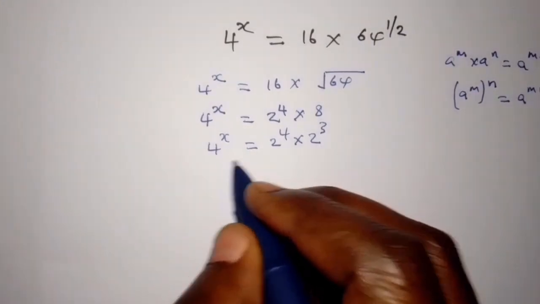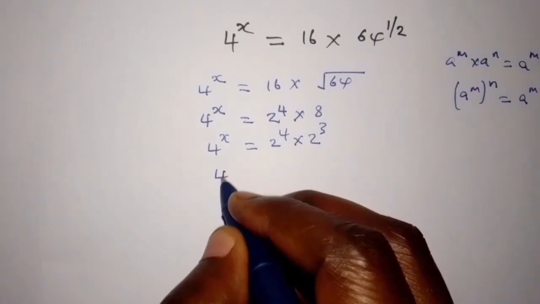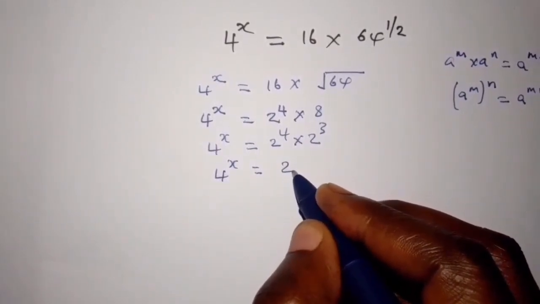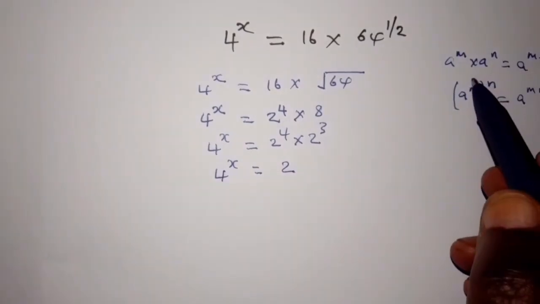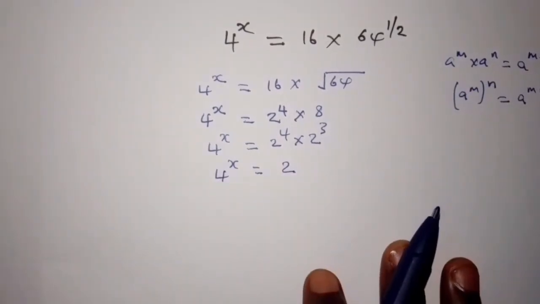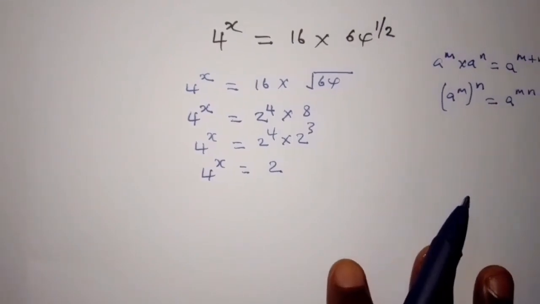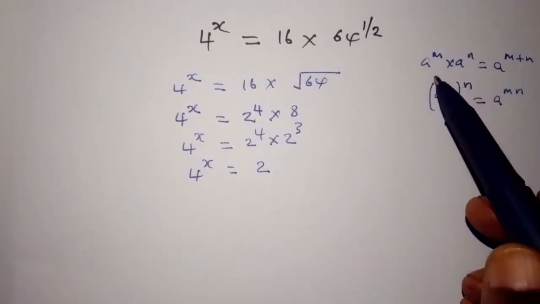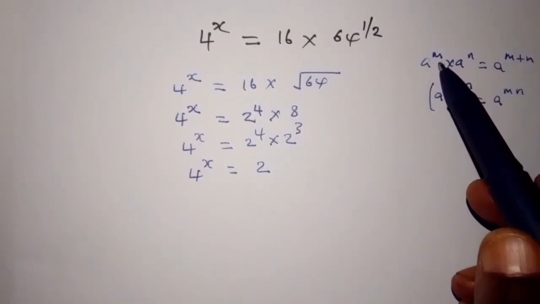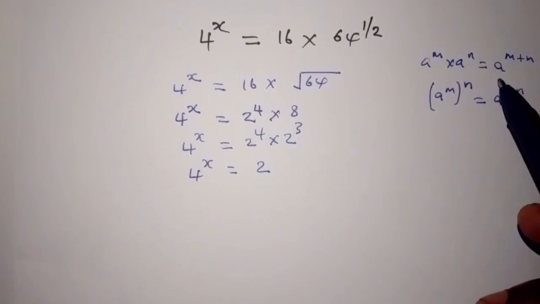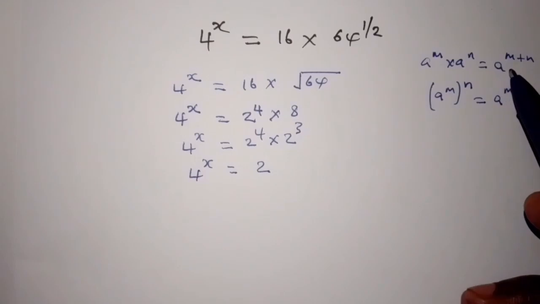Now we can use this rule here: a power m times a power n is equal to a power m plus n.